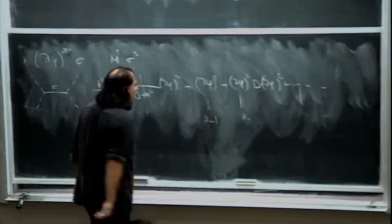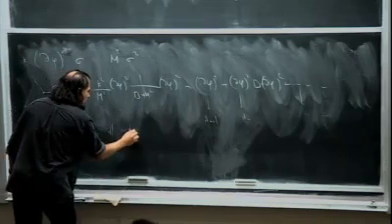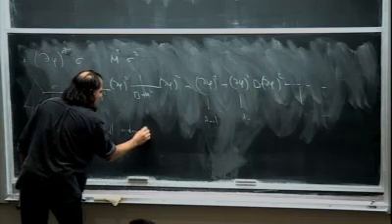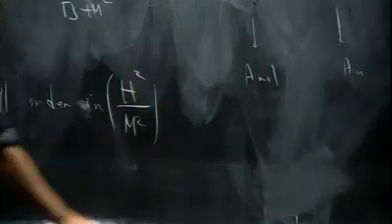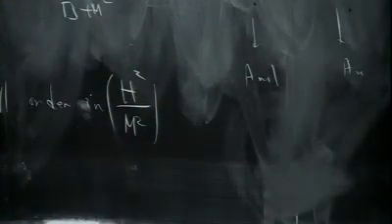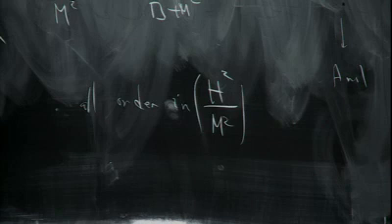But effective field theory promises to give you the answer to all orders in H squared, Hubble squared, divided by the mass of the particle squared. Okay? And indeed, to all orders in H squared over m squared, the answer is analytic.